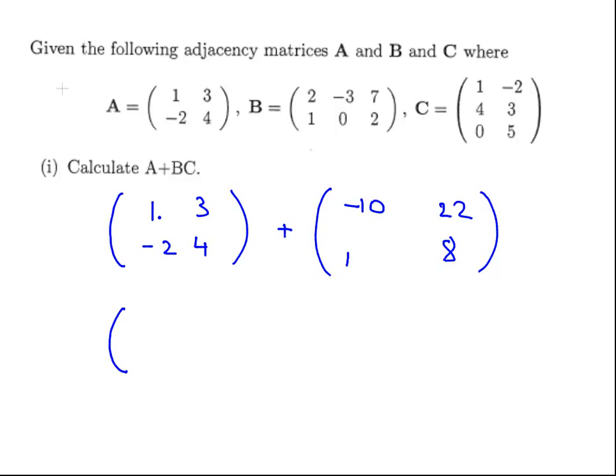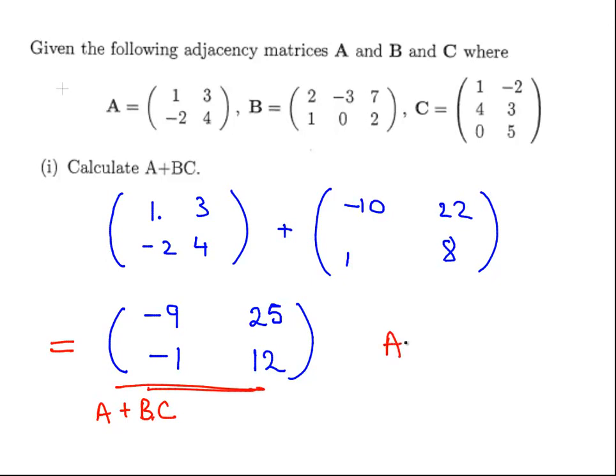So 1 plus minus 10 gives us minus 9. 3 plus 22 gives us 25. That's the top right. Bottom left, minus 2 and 1 gives us minus 1. Bottom right, 4 plus 8 gives us 12. So that is the answer there. That is A plus B times C. And that's the answer. So that ends our presentation.